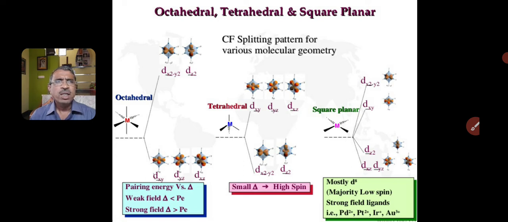Further, in square planar complexes, the dz square orbital has still lower energy than the dxy orbital. Therefore, the d orbitals in increasing energy are dxz, dyz, then dz square, then dxy, and then the dx square minus y square orbital.